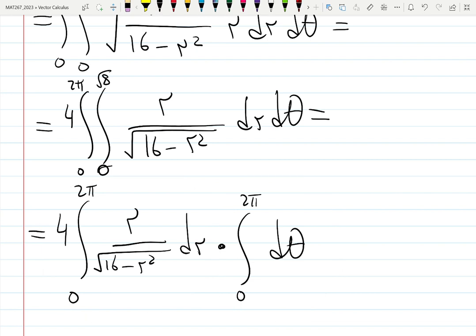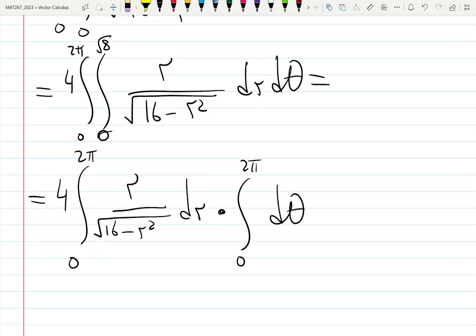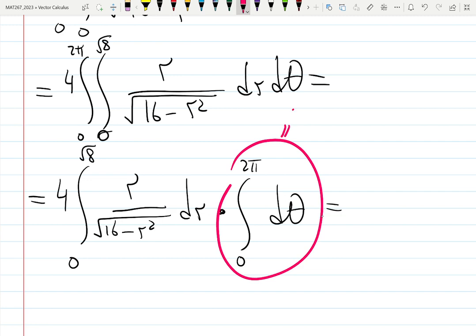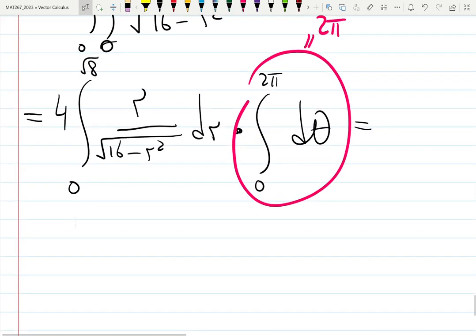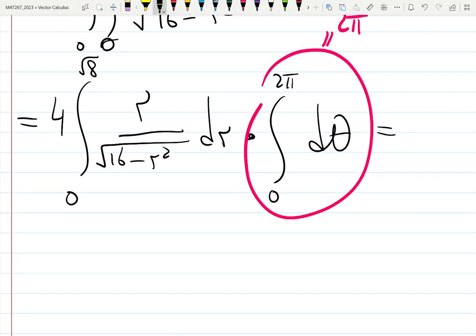To square root of 8. Okay, so this one is easy. What's the answer for this one? 2 pi. I should say the second integral is 2 pi. And then the first one, how would you proceed? U sub. Yes. Your favorite, U sub. I asked my senior and junior students, who I did not teach for 2 years already, do they remember U sub?